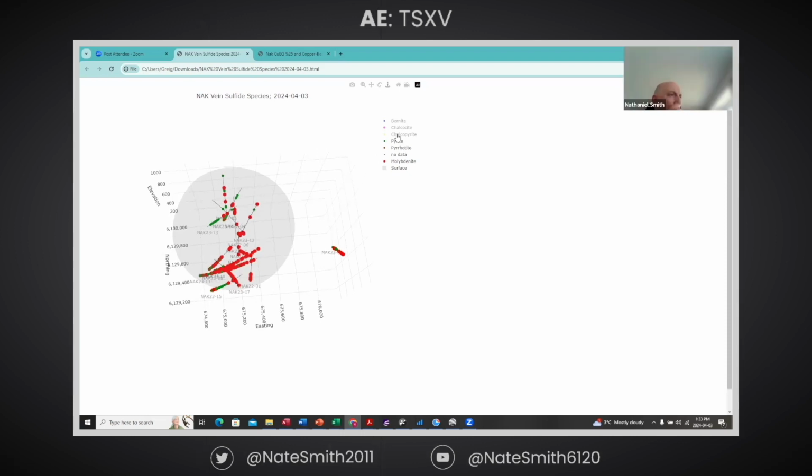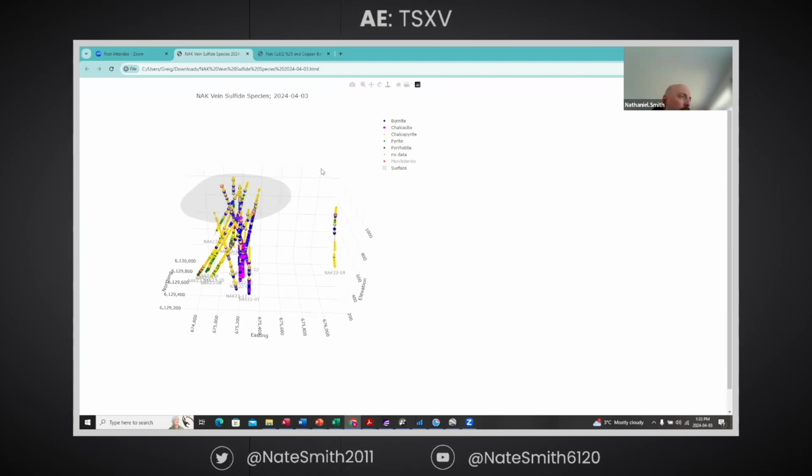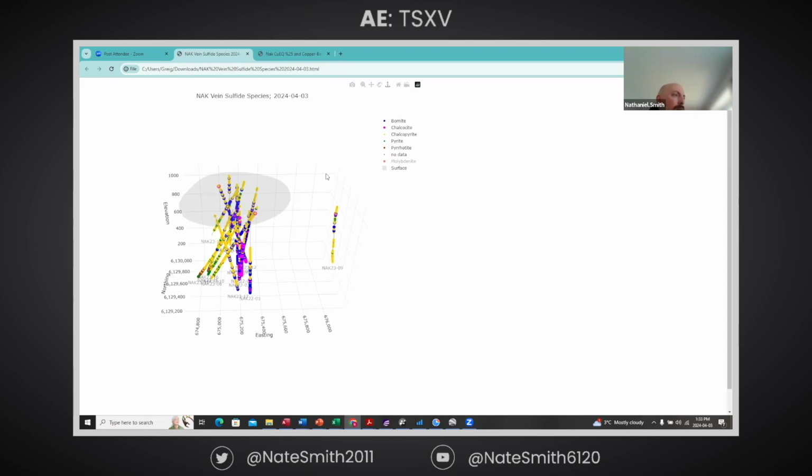That's been on my mind, and I've been kicking around this idea that it might be as a result of the multiple intrusives that we have maybe on the property. Is that possibly an explanation of why it's showing up a little differently than how we would expect with regards to zonation? Moly in this system is very frequently fracture hosted, or it's coming in later quartz veins in a quartz chalcopyrite vein.